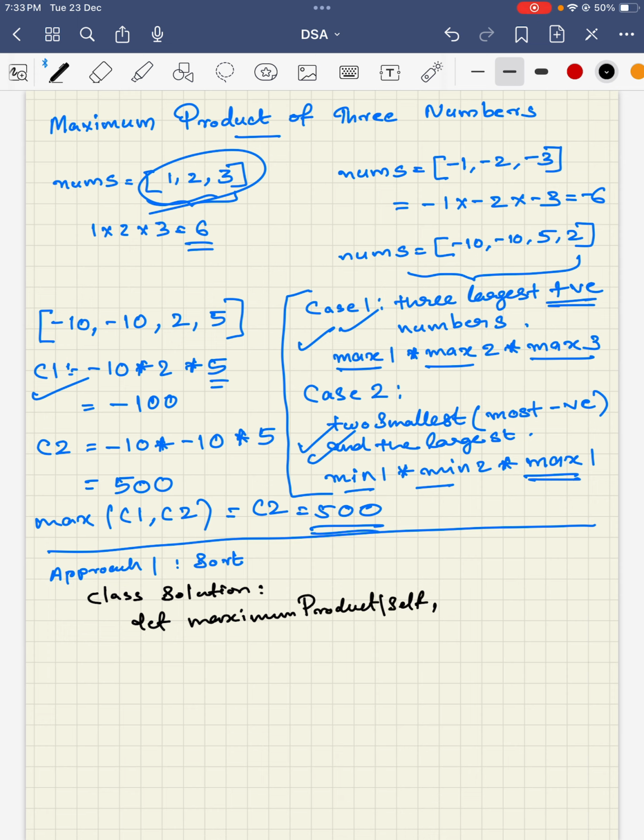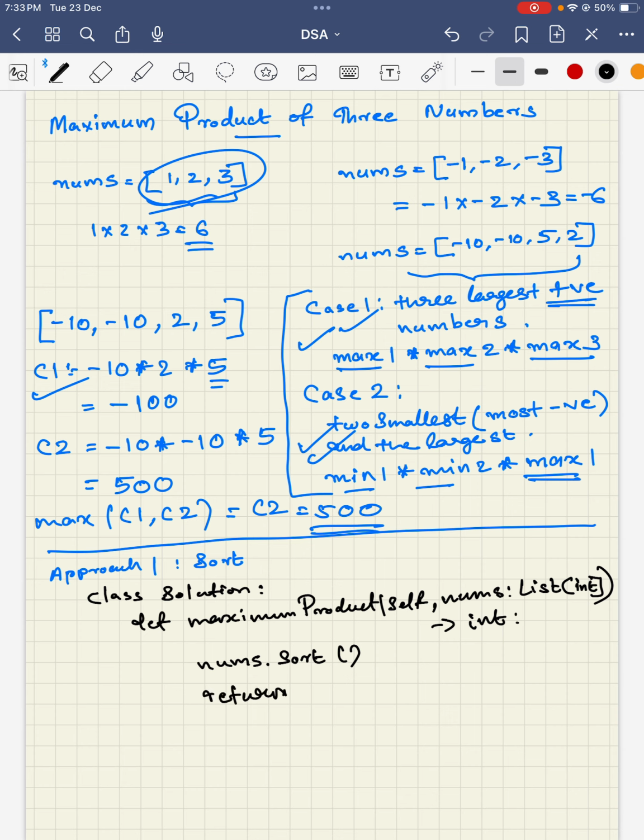What is given? Given is nums, which is a list of integers, and we have to return another integer. Let's sort it as we said, nums.sort, and after that we have to choose between C1 and C2.